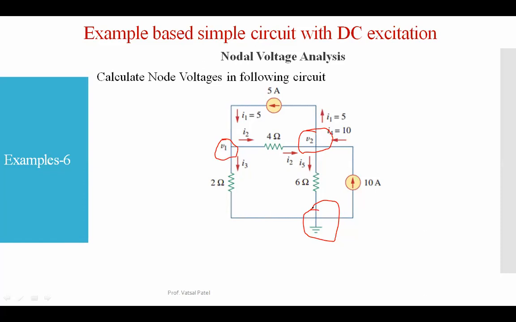Can we say there are two current sources given here? There is a current source of 5 ampere and 10 ampere. So there are two current sources given here.